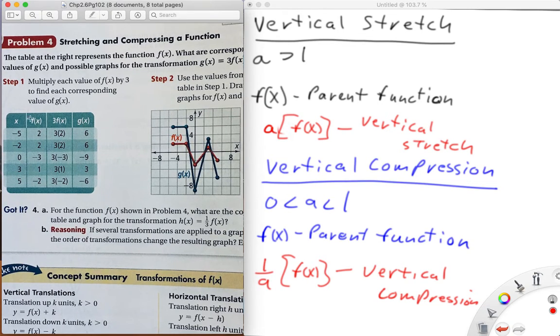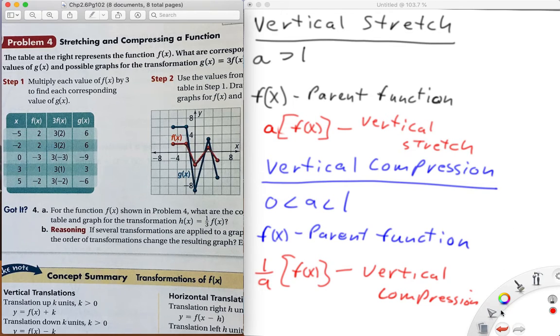If you look at this chart, all my x values are here. These are the y values. So the stretch was multiplying by 3. So all your y values are going to be multiplied by 3. So 3 times 2, 3 times 2, 3 times negative 3.